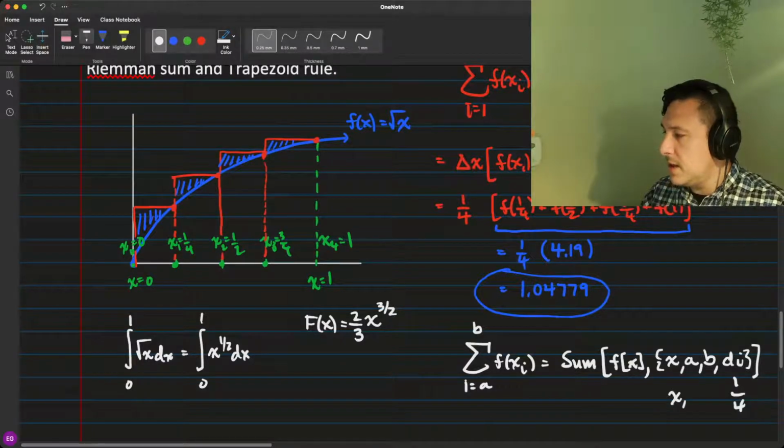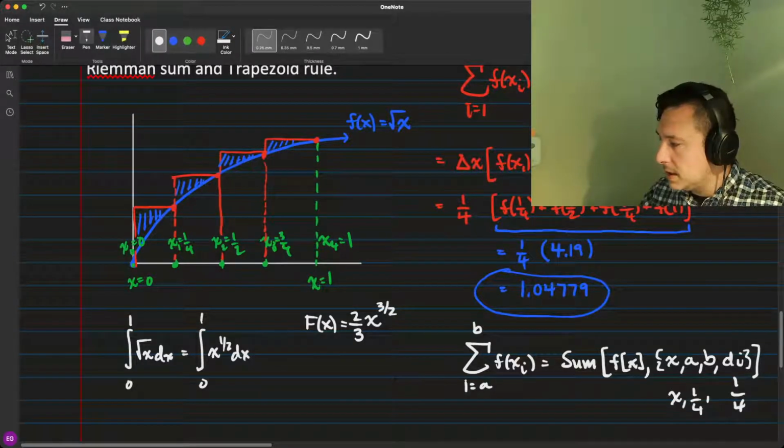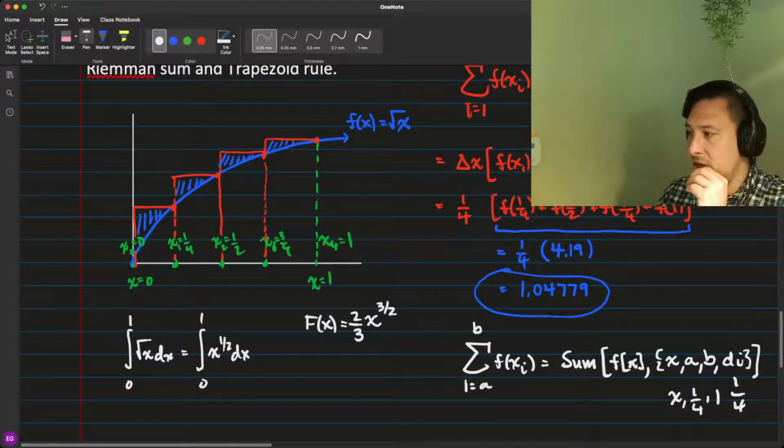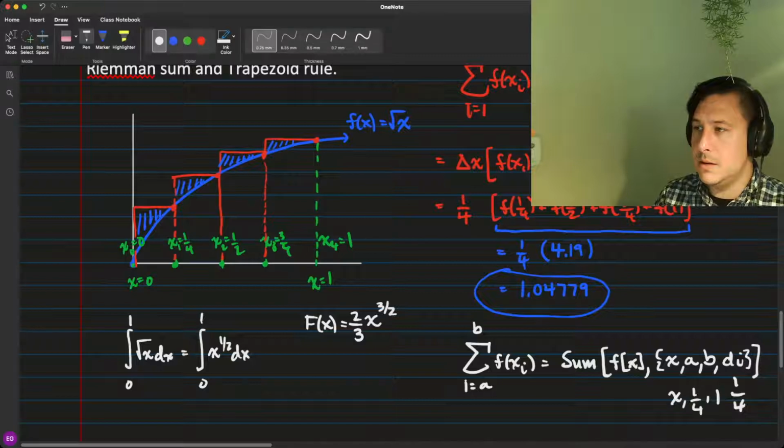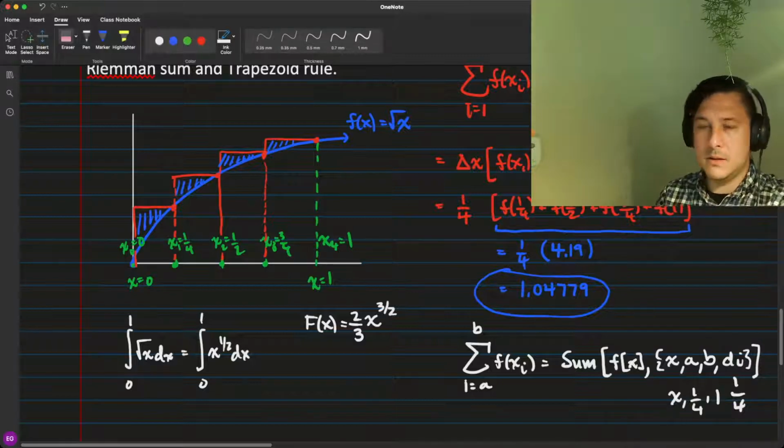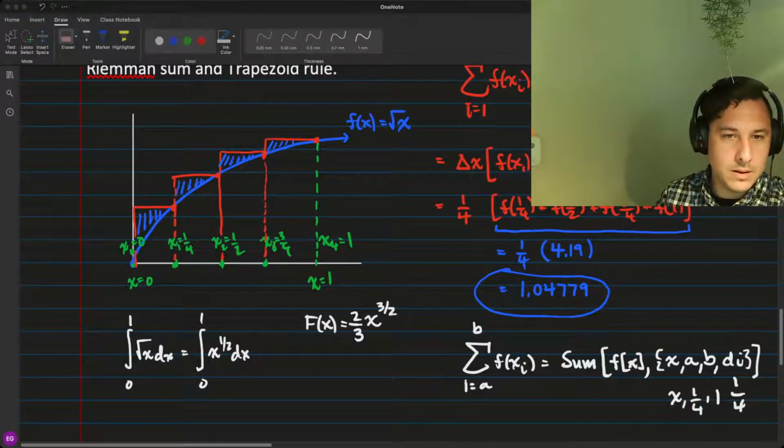We're starting at 1/4 and we're ending at 1. So that's what would go in there. Okay, so I changed it. Let me recalculate it, make sure that it's actually doing it right.